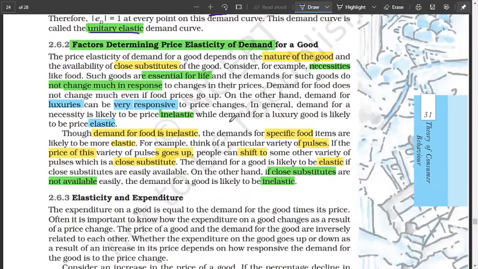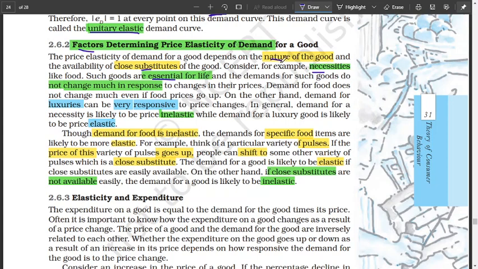And now, the last case, we'll look at what we have come across earlier: the factors determining the elasticity of demand. It depends on how we experience it in everyday life. So the factors can be the nature of goods and close substitutes. The nature of goods can be necessities, like the food that we eat, things that we really need in our life, they are essential for our life.